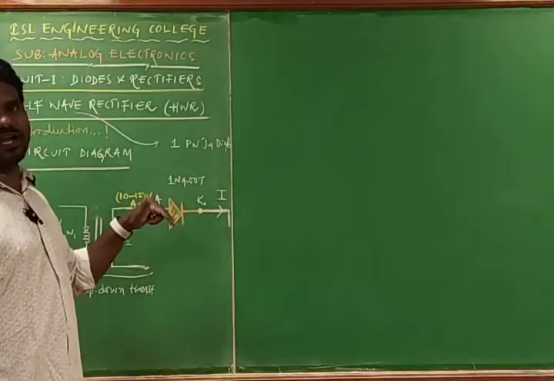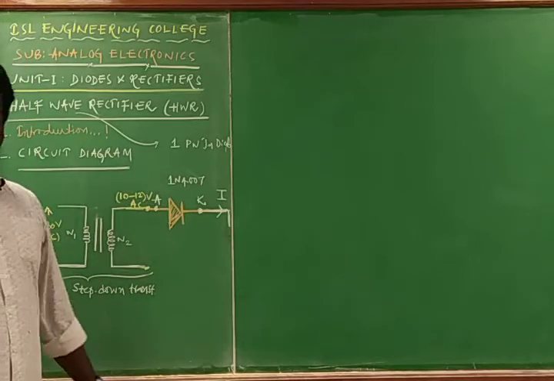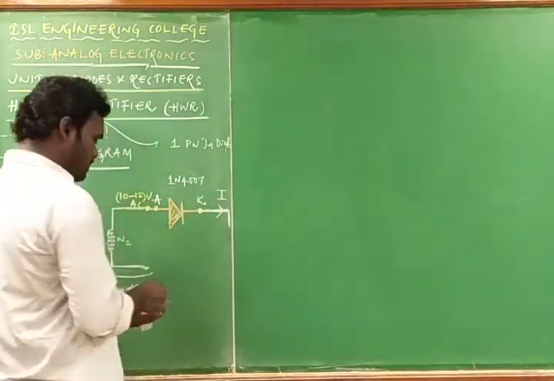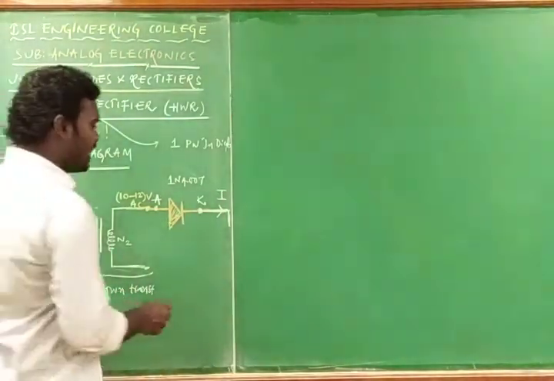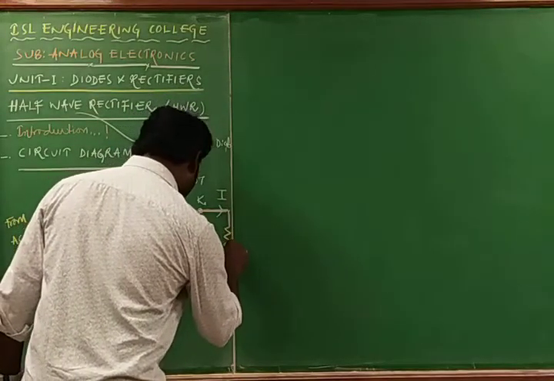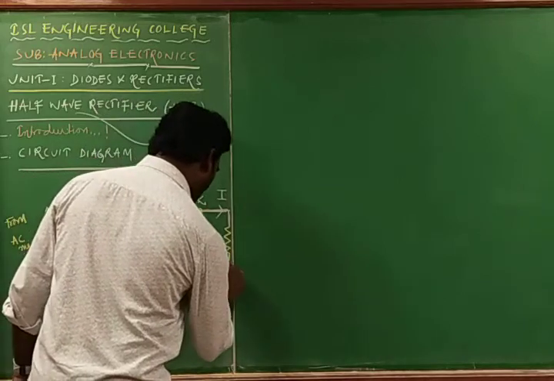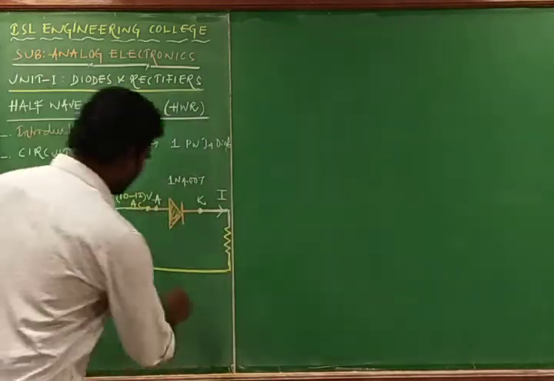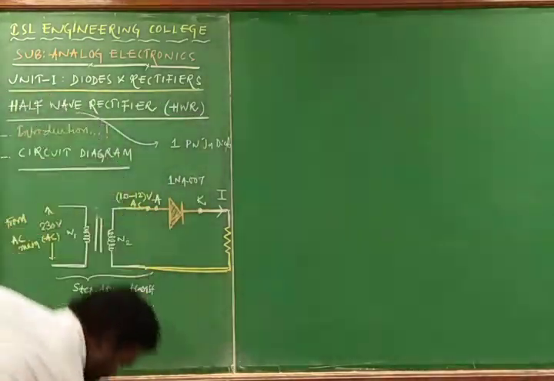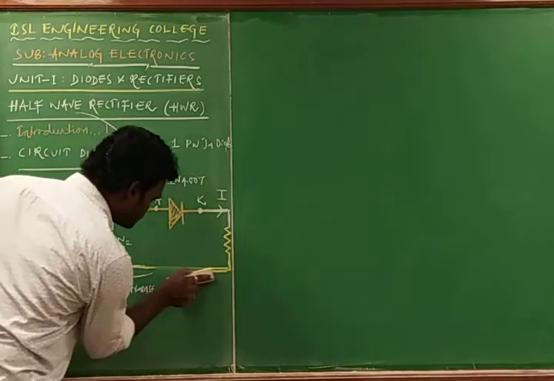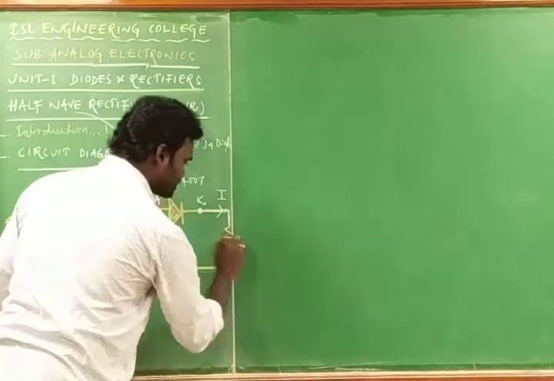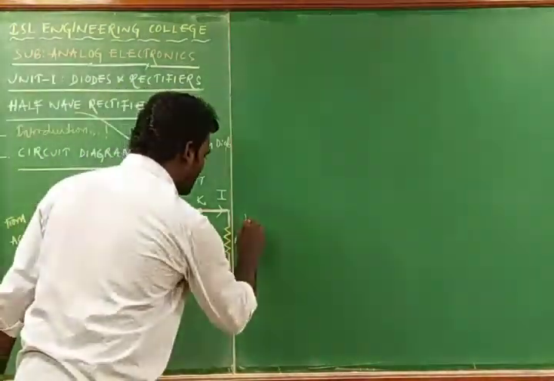The AC voltage we have applied, and we want to get a DC voltage at the output side too, but here we only have current, so to convert it into voltage we keep one resistance in series with the current, and this resistance is named as the load resistance. This is the load resistance.